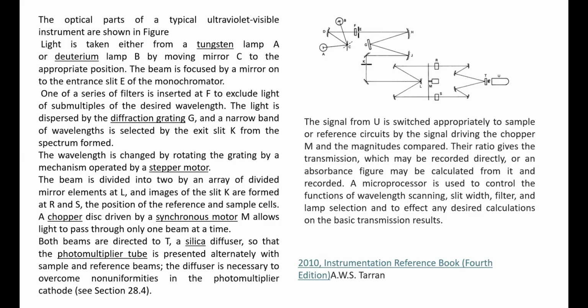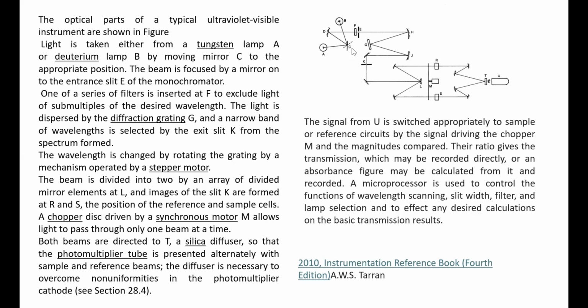We want a small defined quantity of light. So we select the proper wavelength and the proper amount of light that will pass through the sample. You need a device that will select the amount of light that passes through, and that is nothing but the slit. So here is the slit, right?